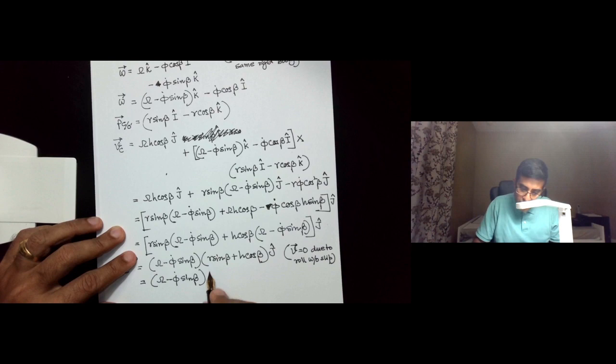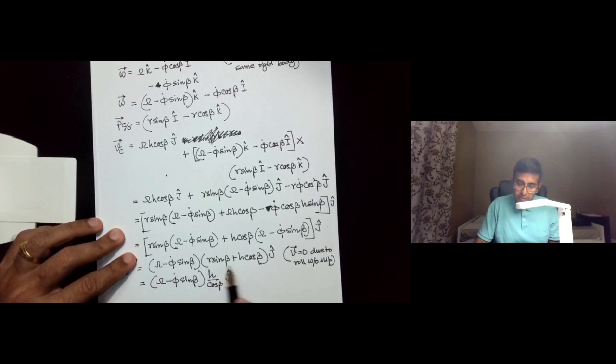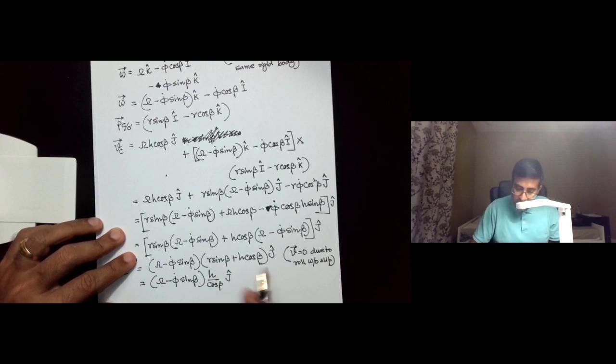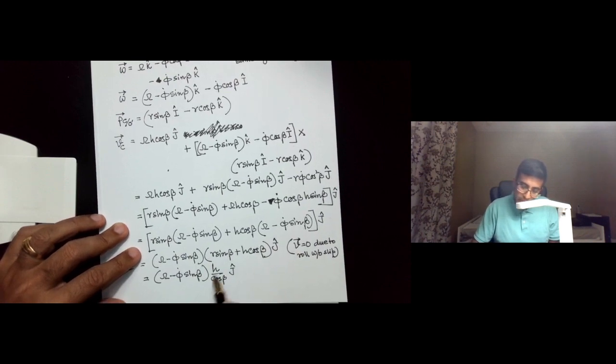So h divided by cosine beta is going to be the expression, because if you substitute r is equal to h sine beta divided by cosine beta, then this will become h sine squared beta divided by cosine beta, and if you take h divided by cosine beta as a common factor, then you will have sine squared beta plus cosine squared beta.